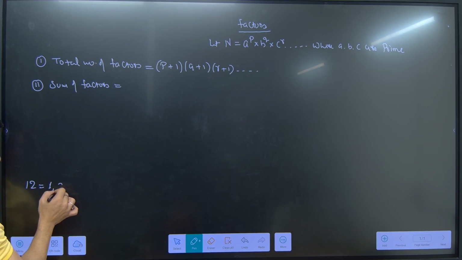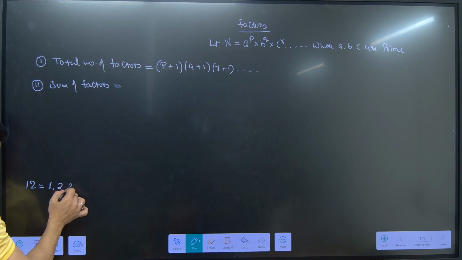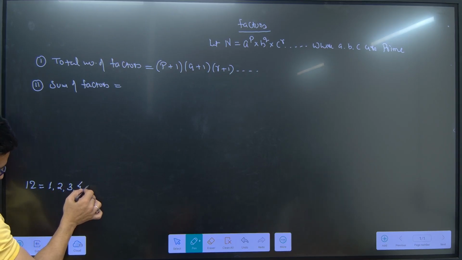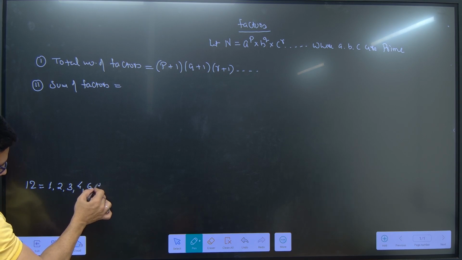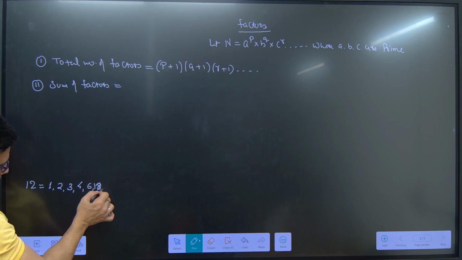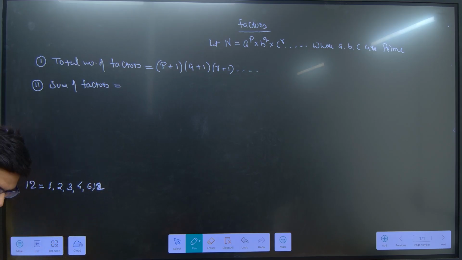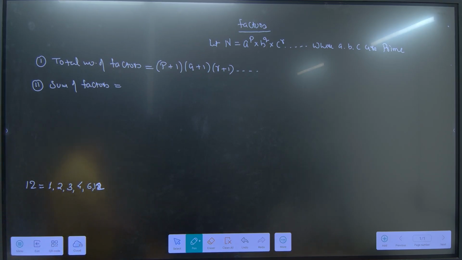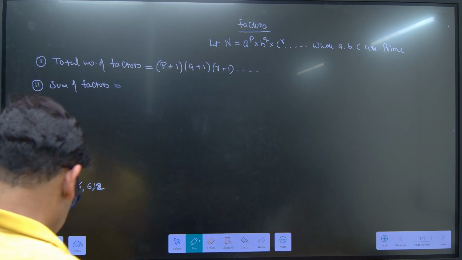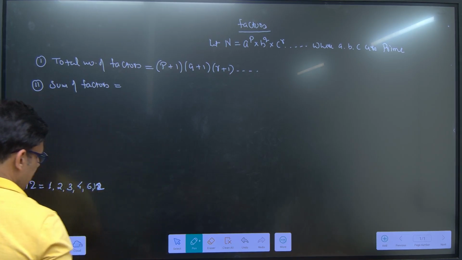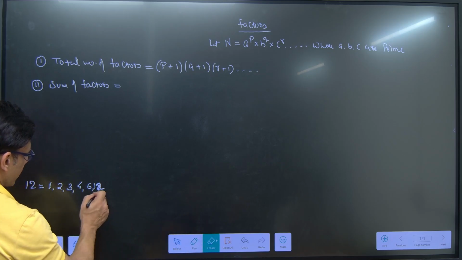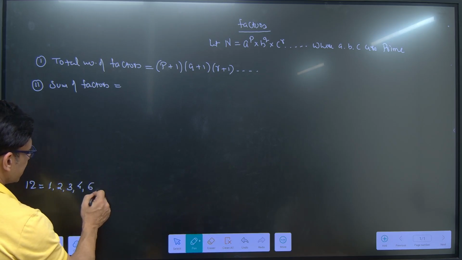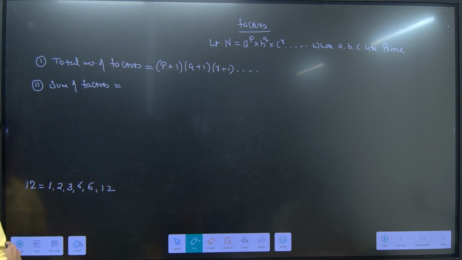Factors are 1, 2, 3, 4, 6 and 12. If you add all these factors, what is the sum?